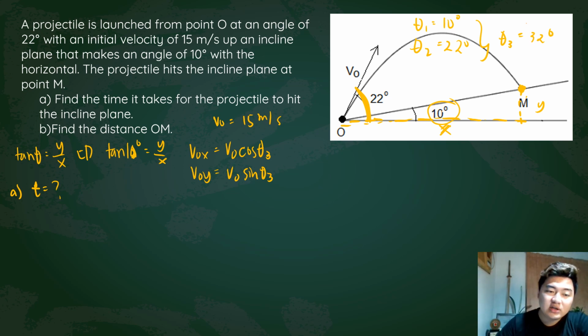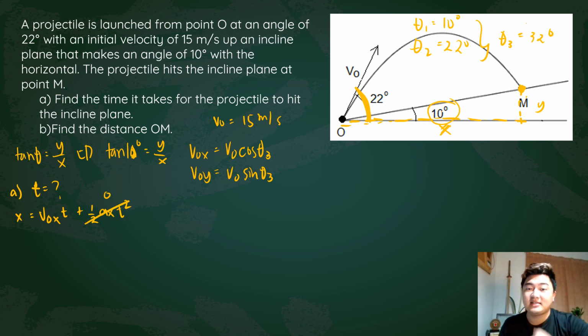And this equation is x is equal to v0x, of course, this is the x component, times time, plus 1/2 acceleration in x times time squared. Now remember that acceleration in x is 0 because in projectile motion, your horizontal motion is a uniform horizontal motion. Therefore, acceleration is equal to 0 and the velocity does not change.